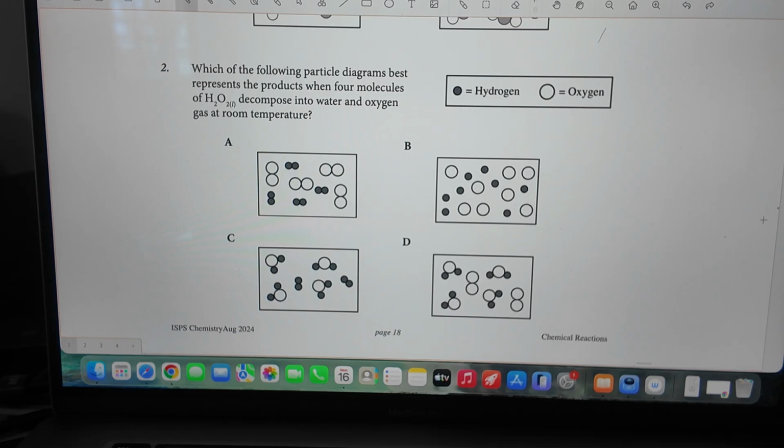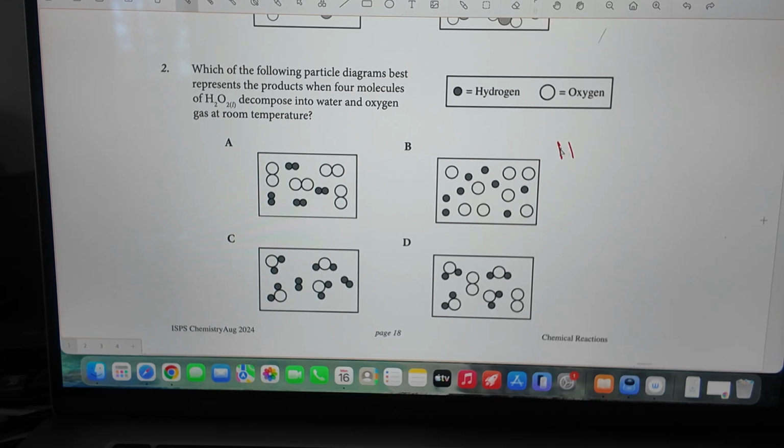So what's happening is it's going from H2O2 and it's turning into H2O, or maybe let's say two of these turn into H2O, and the extra oxygen would turn into O2.